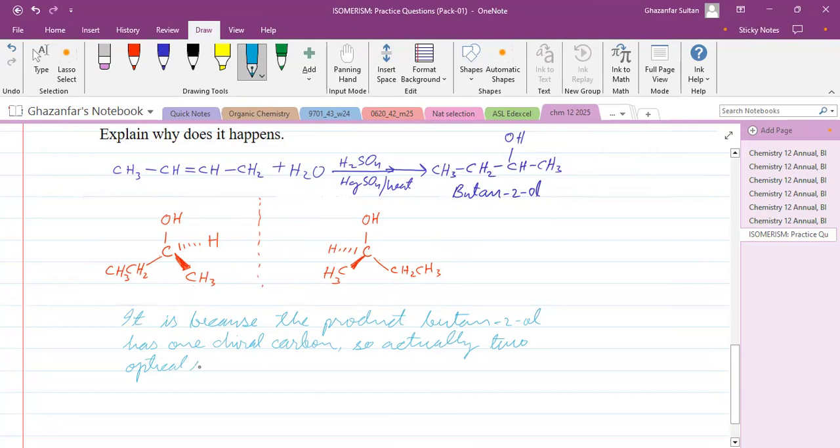Two optical isomers that are called enantiomers. Remember that optical isomers are not always enantiomers, but in our syllabus only enantiomers are there in A level and intermediate. So actually two optical isomers are produced on this addition reaction.